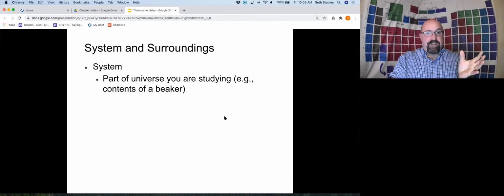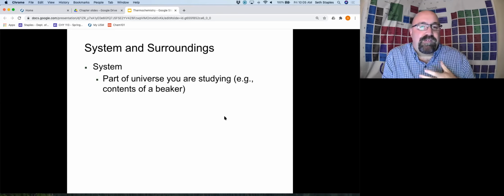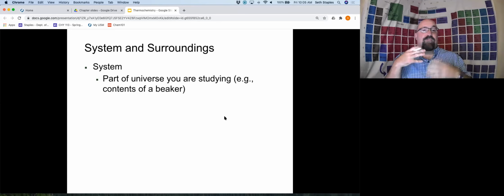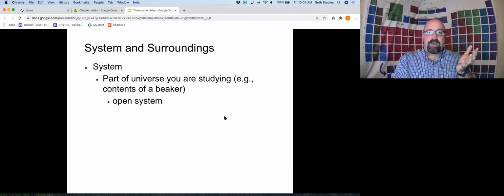The technical definition of the system is the part of the universe that we are studying. For our purposes, that usually means the reaction or the contents of a beaker, or a particular sample of metal. It's whatever we're actually looking at.